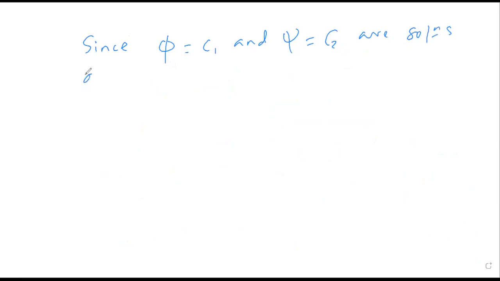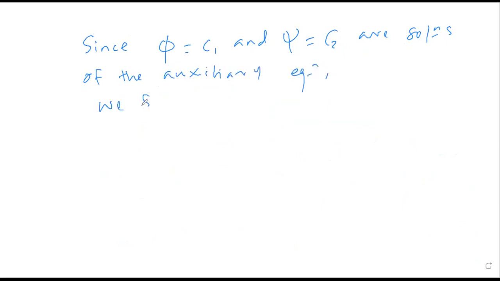Then write continuously: since we have pi equal to C1, and we are taking this one now, chi equal to C2, are solutions of the auxiliary equations.